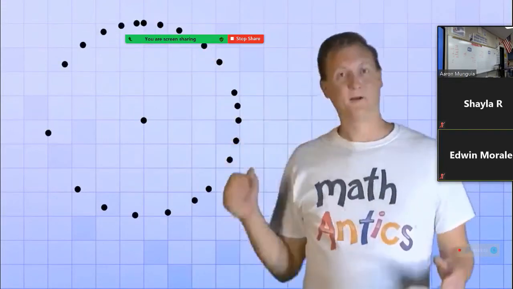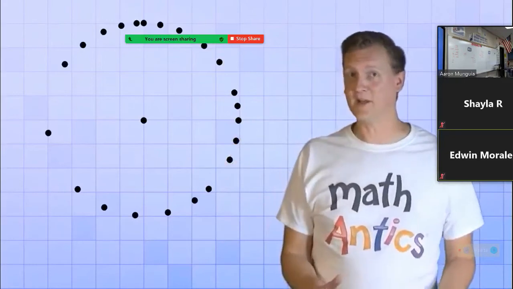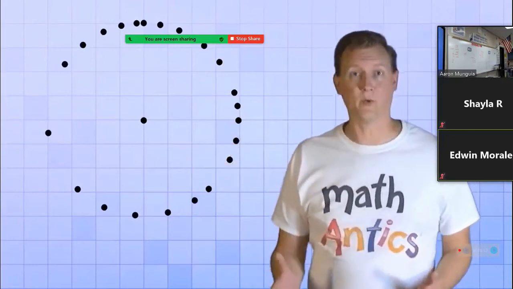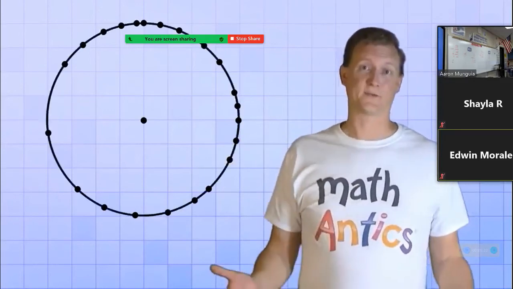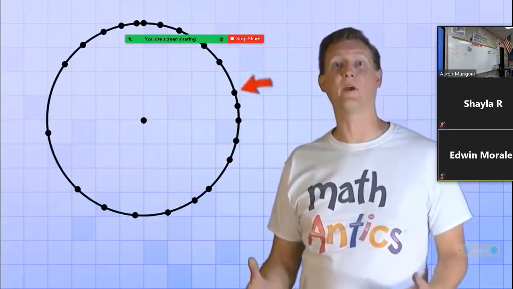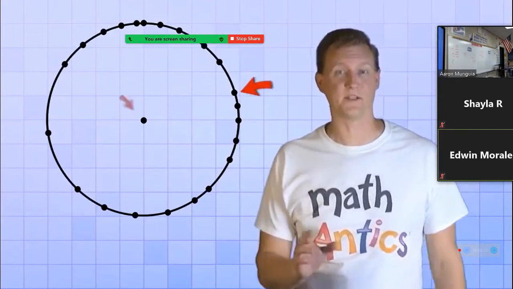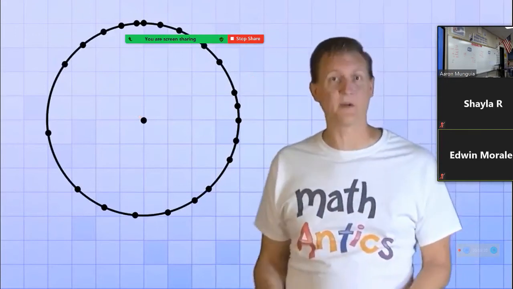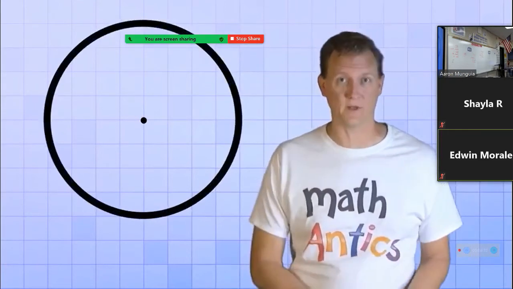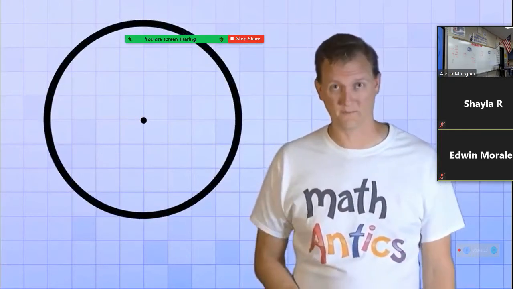Phew, I'm getting tired. But do you see what's happening? The more equidistant points we add, the more the pattern looks like a circle. And that's why a circle is defined as the set of points that are equidistant from a center point. But of course, we usually don't see it as a set of points because there's infinitely many of them, so they form a continuous circle.